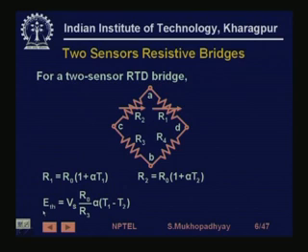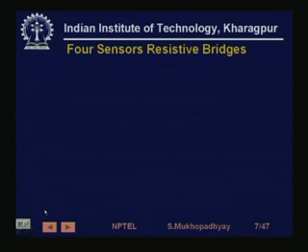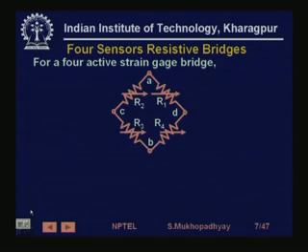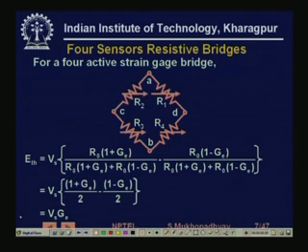Similarly, we can also put four sensors into a resistive bridge, right. This is, for example, typically used, as we have already seen, in strain gauge load cells. The only thing we have to ensure is this: how is the voltage produced?